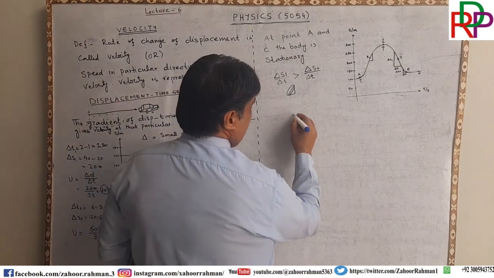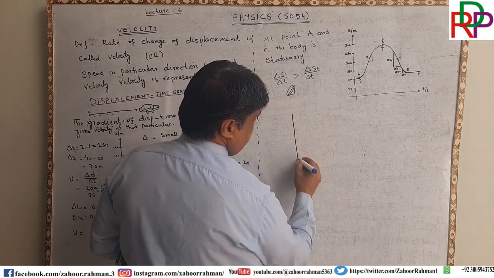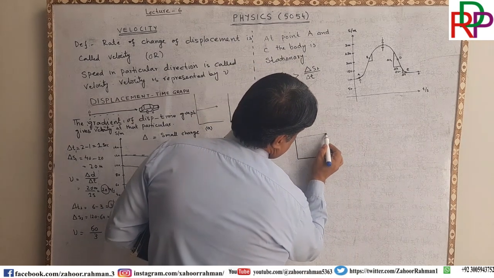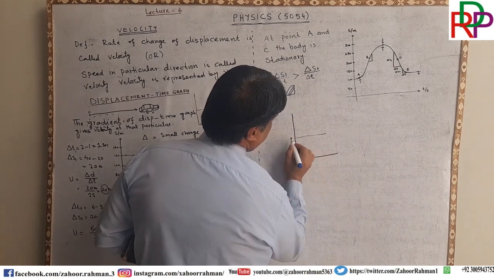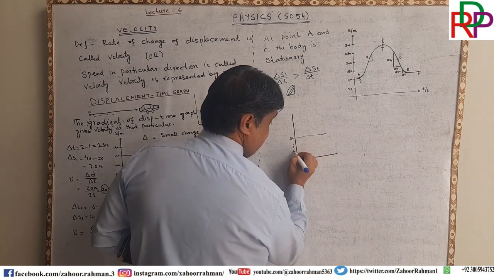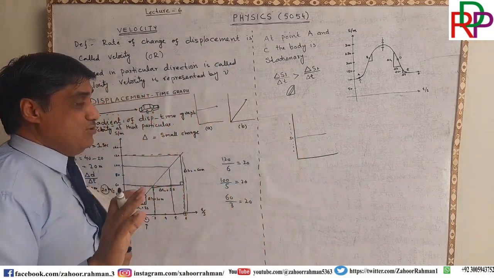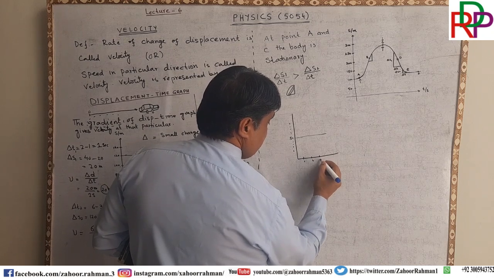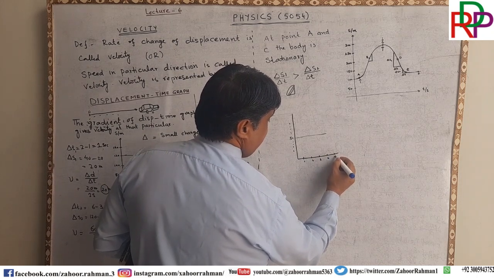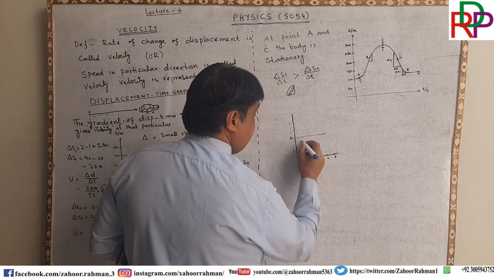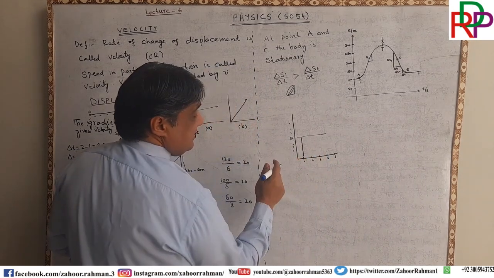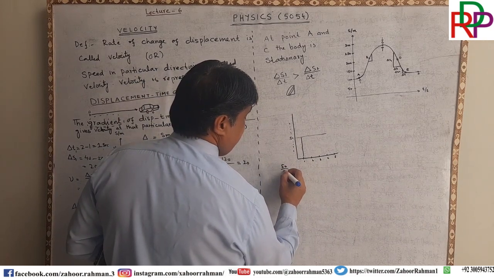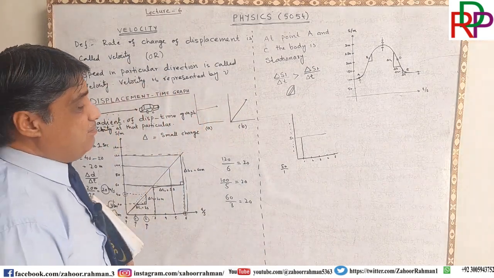See, I am giving you another example, a very important example for your concern. If this is the displacement, for example 50, there are many down and upward values, and the time is changing: 1, 2, 3, 4 and 5. At 1, the displacement is 50. 50 divided by 1 means 50.